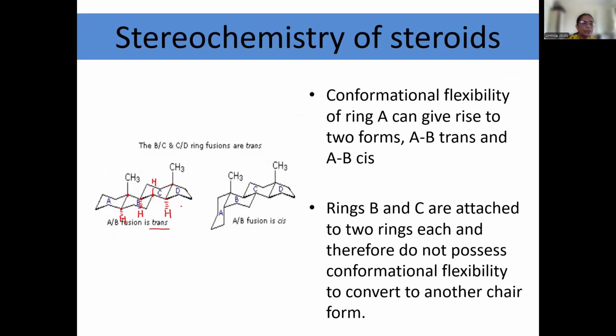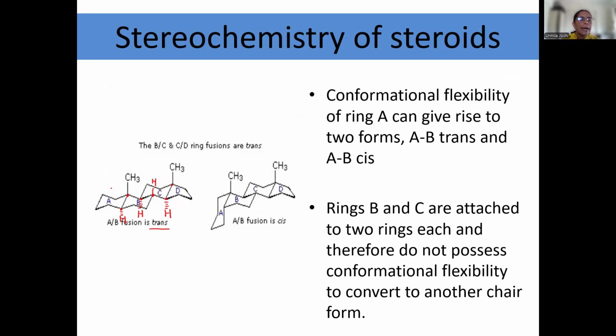As I have always mentioned earlier, look at any sp3 hybrid carbon like a tripod stand and fourth valency pointing upwards, or like an inverted tripod with fourth valency pointing downwards. Now here, at this point of the CD junction, the tripod stand plus fourth valency pointing upwards. At the lower carbon of the CD junction, it is an inverted tripod with fourth valency pointing downwards. And so these two are in trans position.